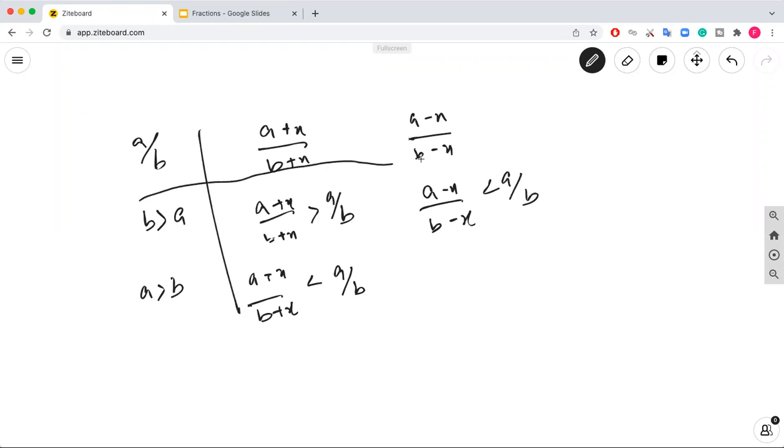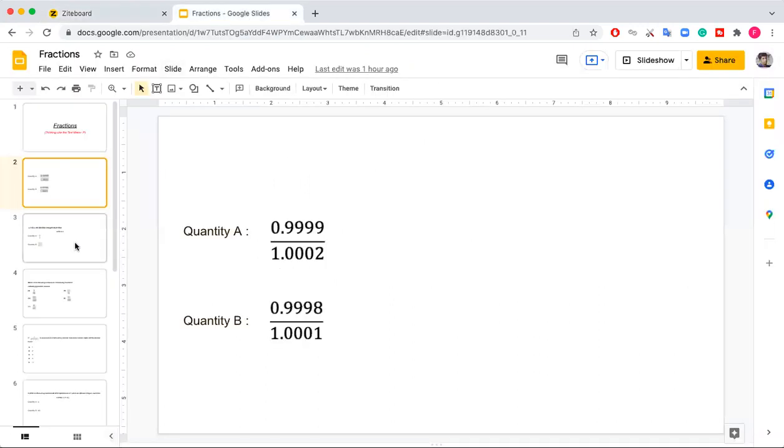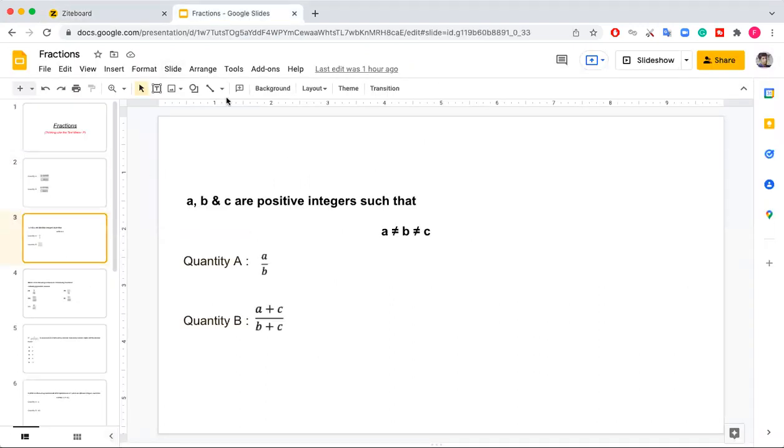And in this scenario, a over b is less than a minus x over b minus x, right? I just told you this whole scenario because I have seen plenty of questions using the same concept. Just see one question and try to solve it now.